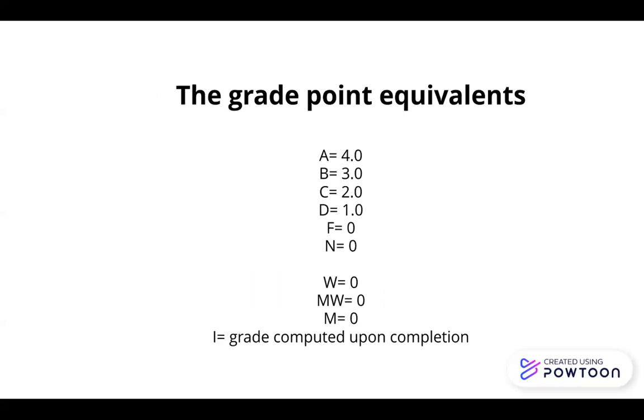Each letter grade has certain points that it is equal to. For example, the grade of an A is a 4.0, a B, 3.0, and on. Please note that N grades and any kind of withdrawals are considered the same as zeros.